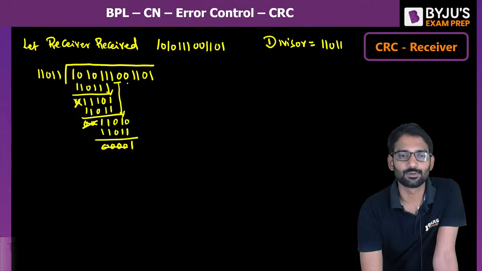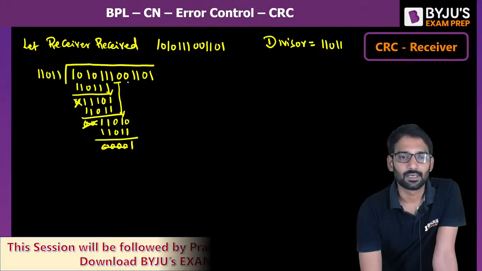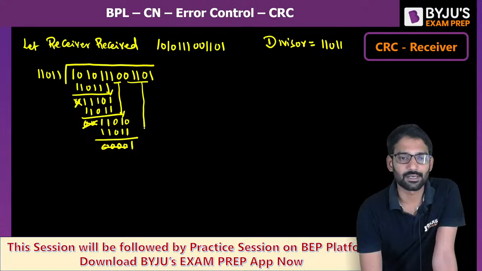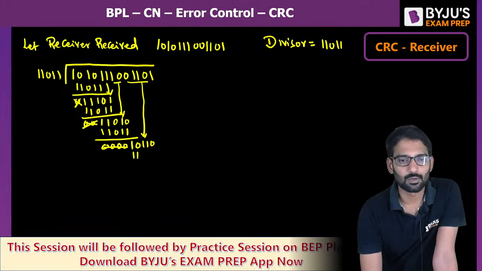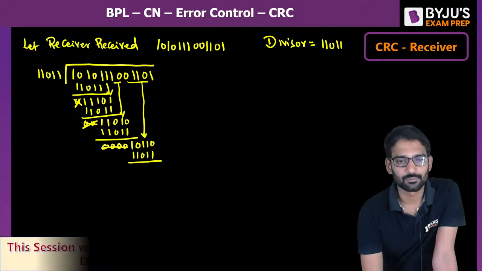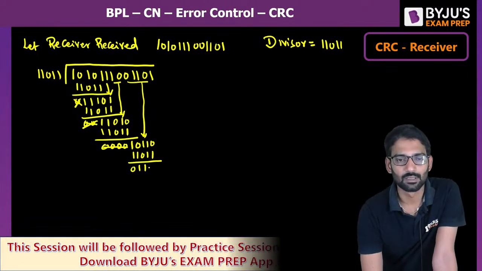Discard these 4 zeros and you can borrow 4 bits at a time. 11011. So this would be 01101.